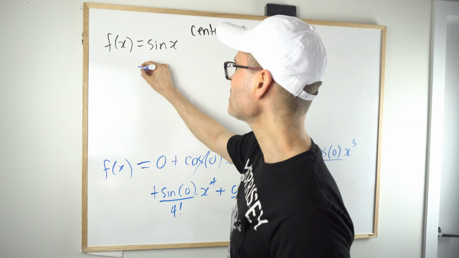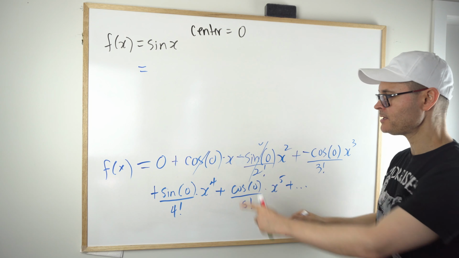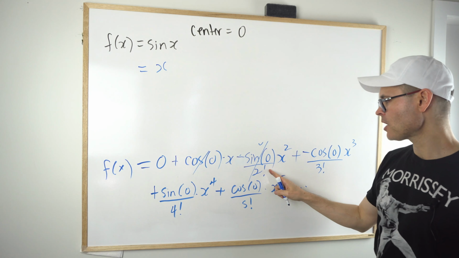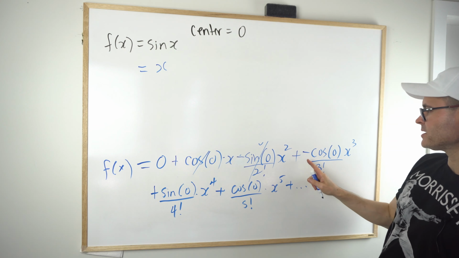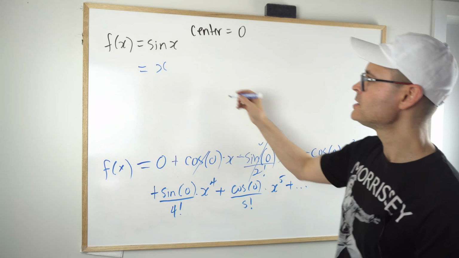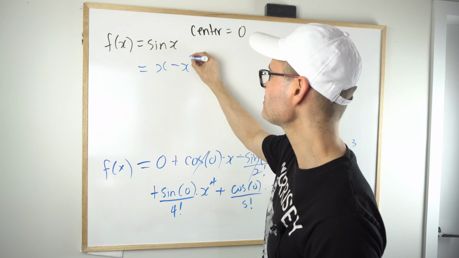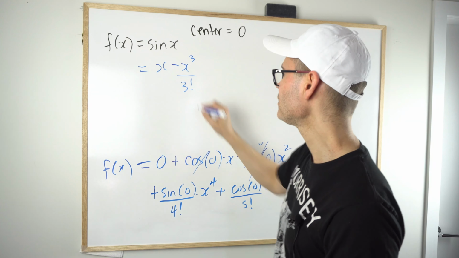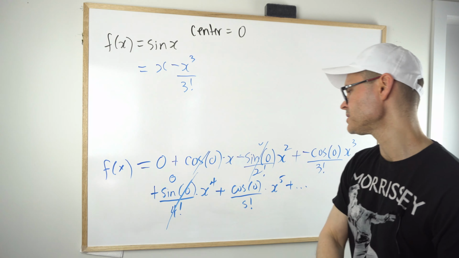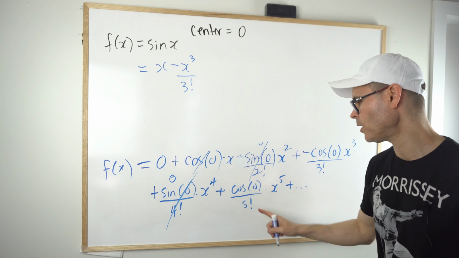And then notice what sine is being approximated by. So I have an x, the x stayed. And then this dropped out. Well, this one here is negative cosine of 0. Well, that's negative 1. So I'm going to get negative x to the 3 over 3 factorial. I lose this term because the sine of 0 is 0. The cosine of 0 is 1.